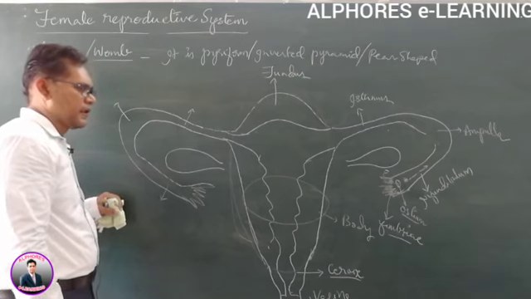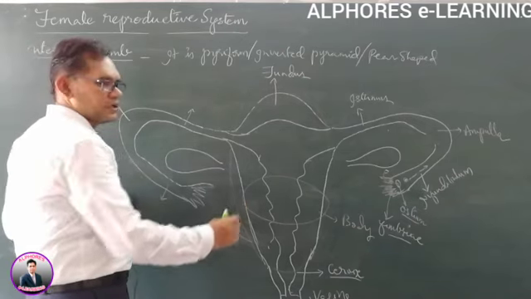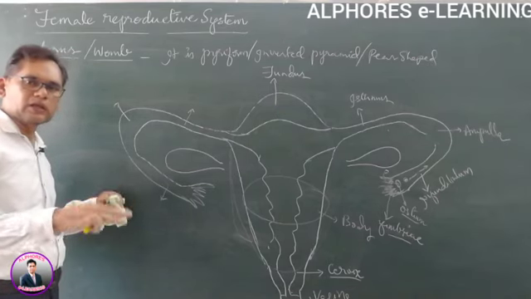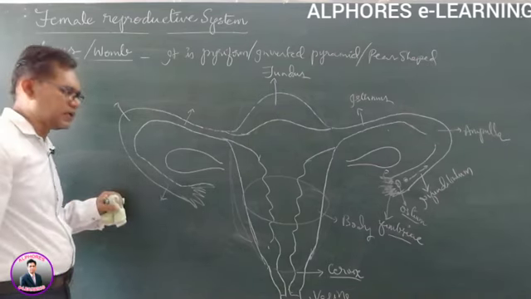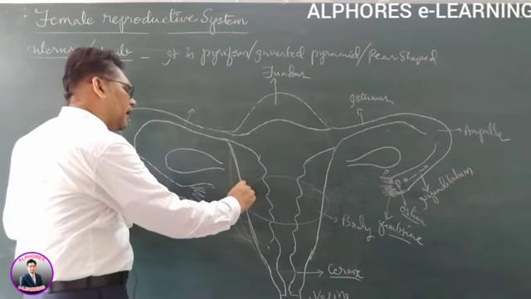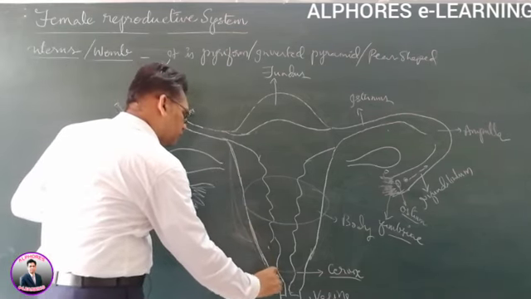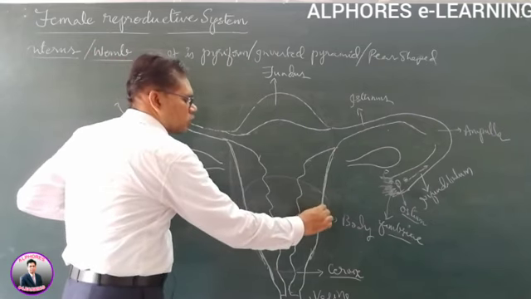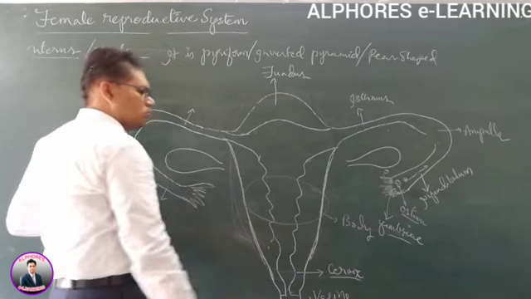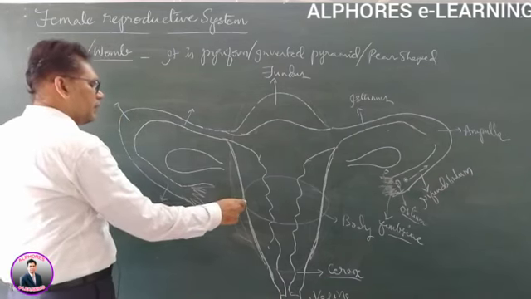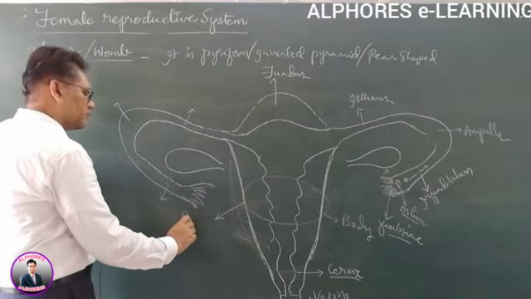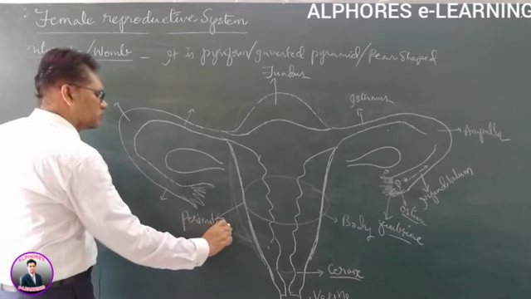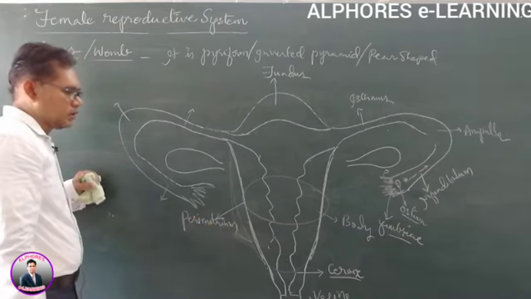Now, this uterus is lined by 3 layers from outside to inside. This is the outer capsule, which is made up of thin or loose connective tissue. This is called the perimetrium.